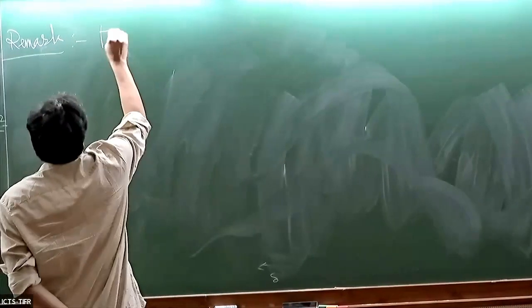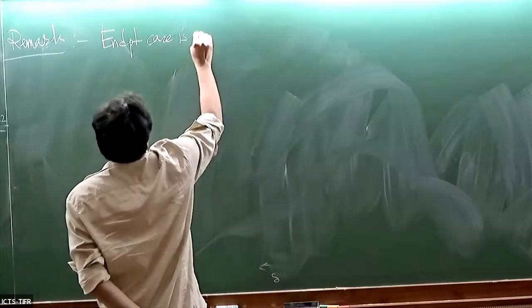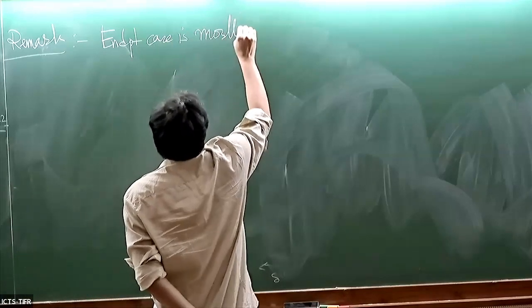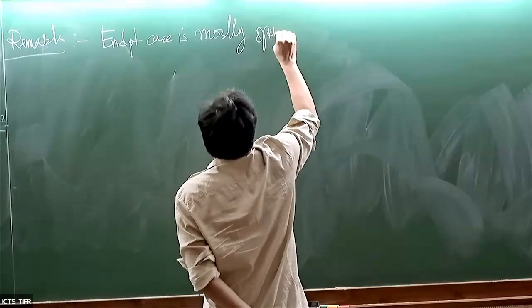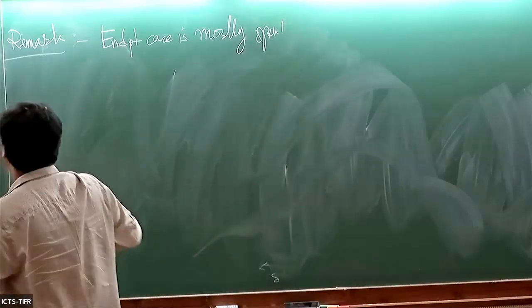Okay, so number two is that the endpoint case is mostly open, meaning what happens when p is (d^2+d+2)/2.